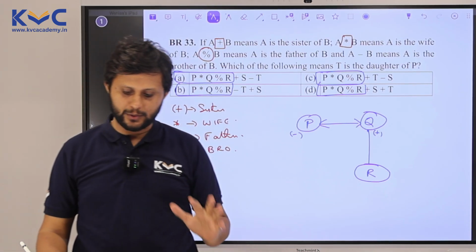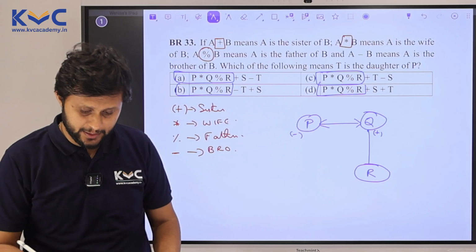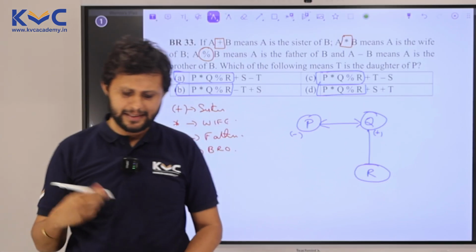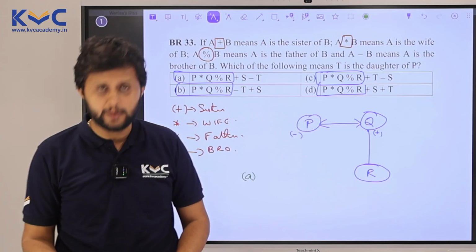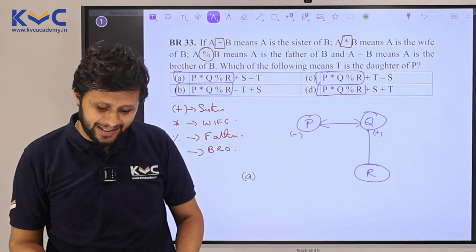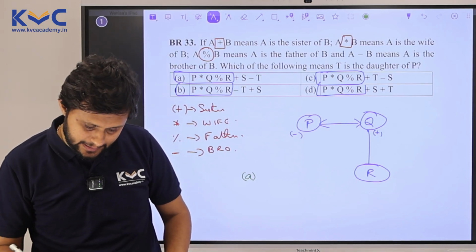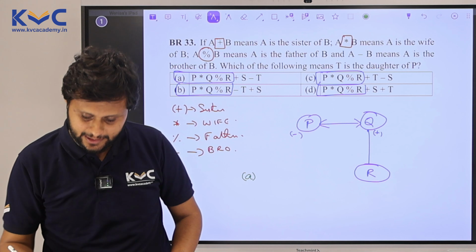From here we will have to see, because it is different in different options. I will go to a different color now. I'll switch to green. Okay, we'll check out the options. First option, we'll go in the same order. We have plus S. From R we have to continue. R plus S. What does plus stand for? Plus stands for sister.